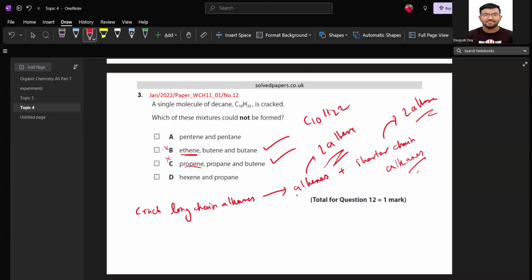Now, one thing's clear, that you have to remember that the alkene produced will not be greater.